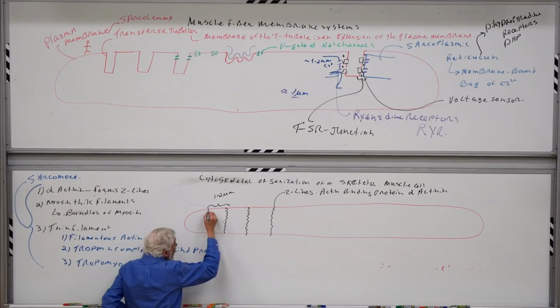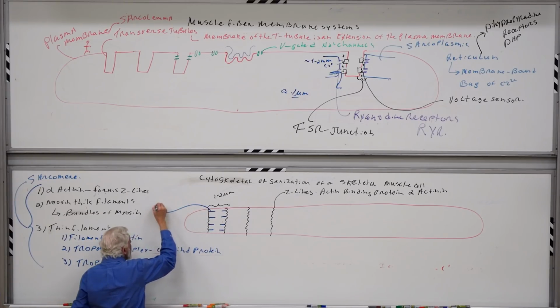Attached to the Z-lines, I'm going to put just a blue line in here. Attached to the Z-line will be these blue parallel lines, which I'm now going to label as the actin thin filament.